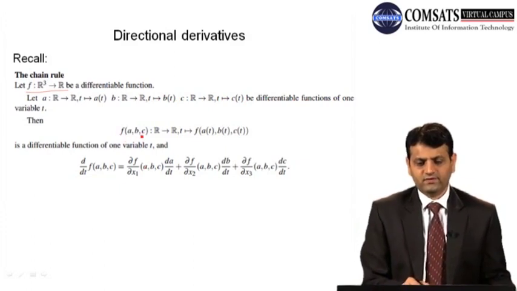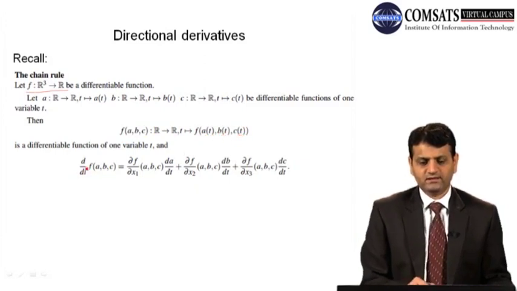Then the function f of a, b, c, which is again a function from R to R, defined as t goes to f of a of t, b of t, c of t. Then d by dt of f of a, b, c. Now we are using d and not partial because it's a function of one variable now.